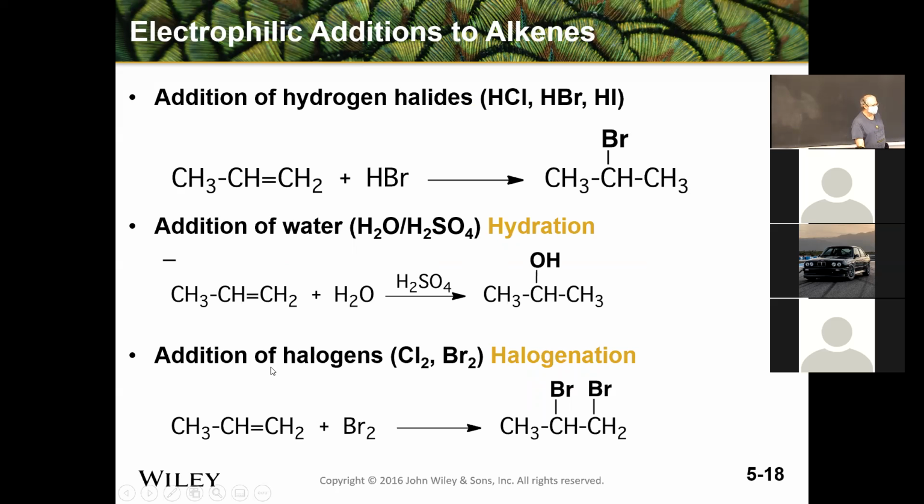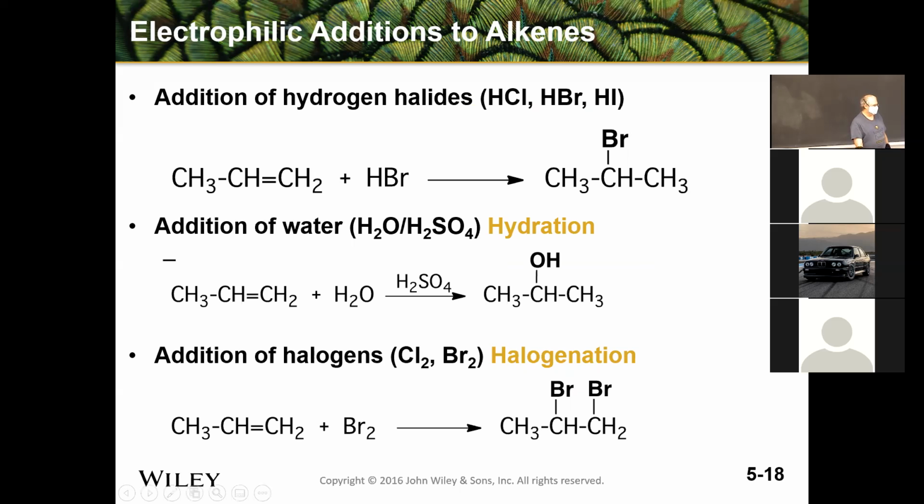This is addition of hydrogen halides, and we add H and Br. The question was, does it matter which side H goes to? And you can see by this product that yes, it does. We're going to look at that in more detail.